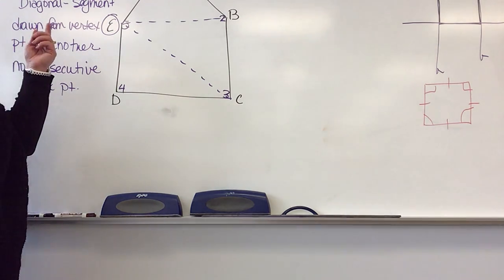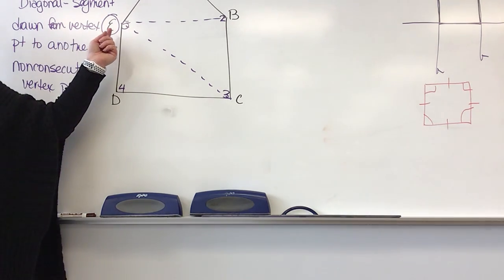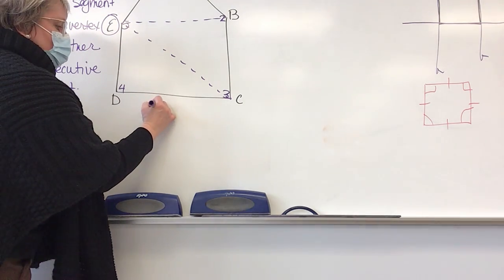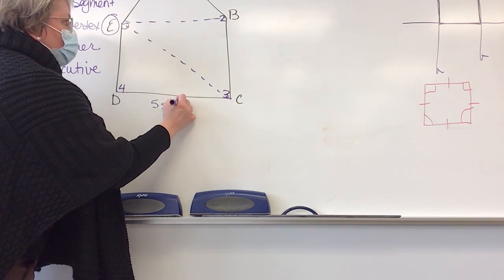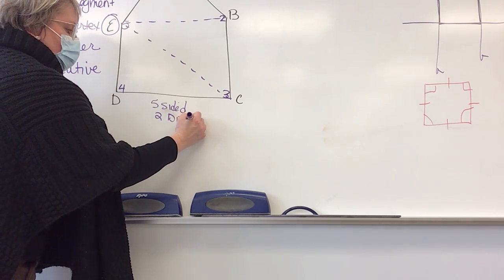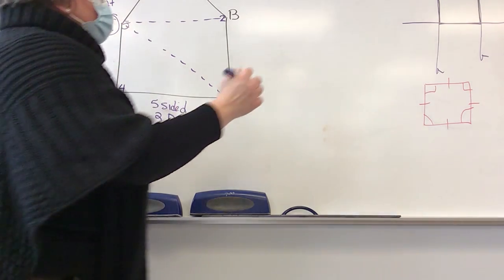So the first thing is they're going to ask us, how many diagonals can you draw from one vertice point? So this is a 5-sided figure, and I can draw 2 diagonals. Okay, next to it let's draw a quadrilateral.